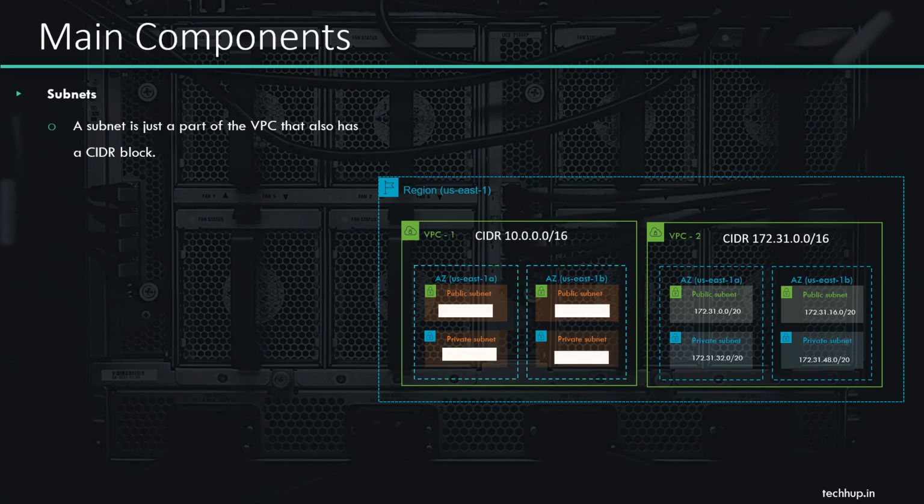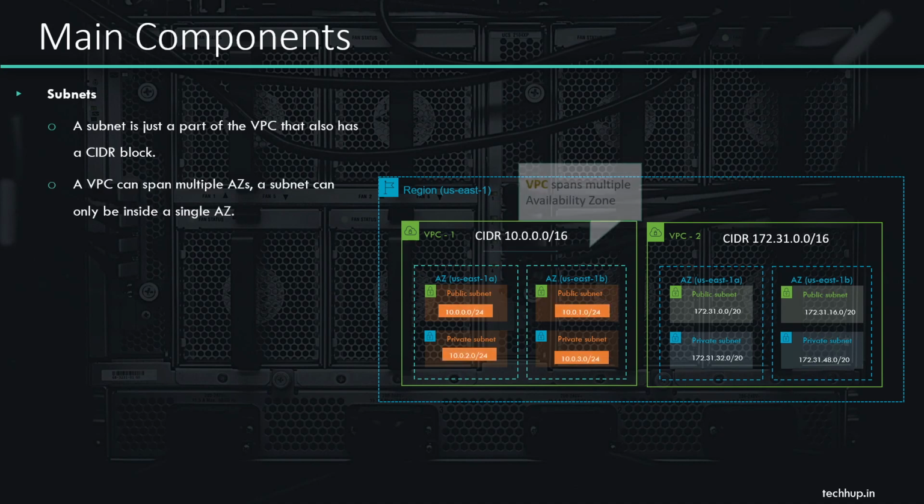So VPC spans multiple availability zones, and what it means is that if I am creating a VPC in region US East 1, which has 6 availability zones named US East 1A to 1F, I can create resources within any of these 6 availability zones within the region where the VPC is located, which is US East 1 in this case.